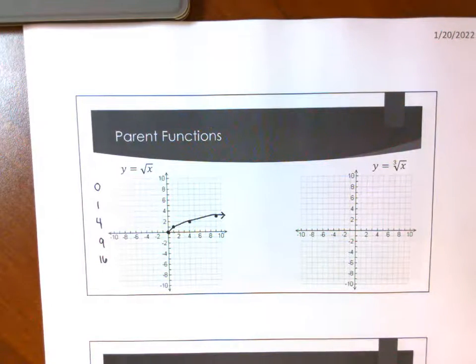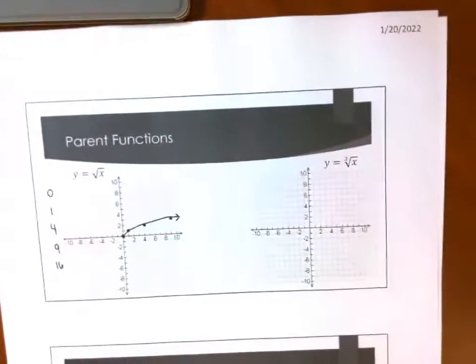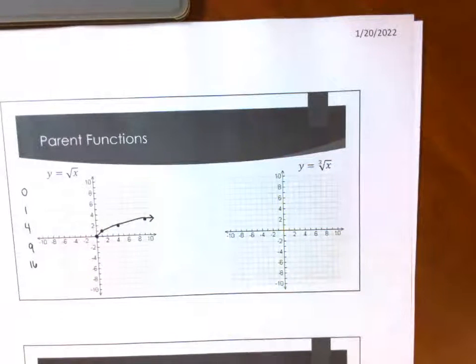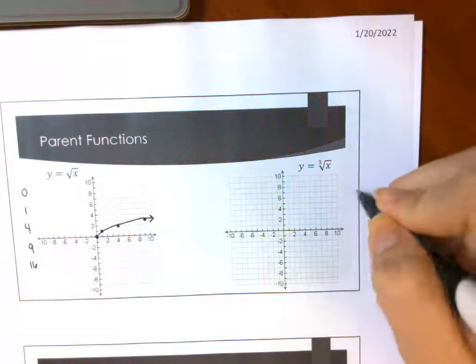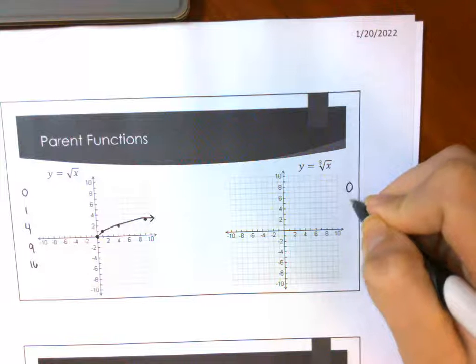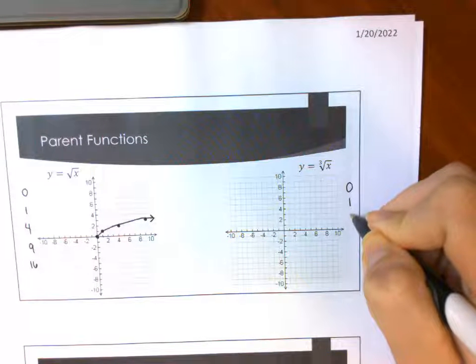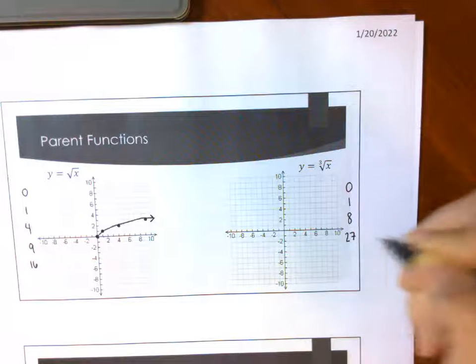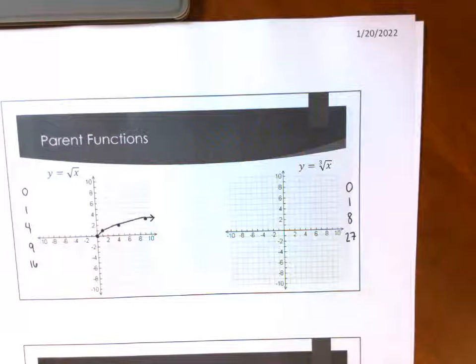But let's look at the parent function of a cube root. What would the first 4 perfect cube numbers be, starting with 0? It'd be 0, 1, and then 2 cubed, which is 8, and 3 cubed, which is 27. Obviously I'm not going to be able to graph 27. But remember that with cube roots, I can graph negatives.